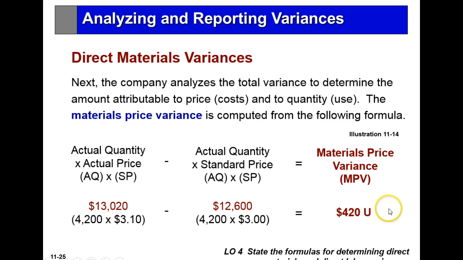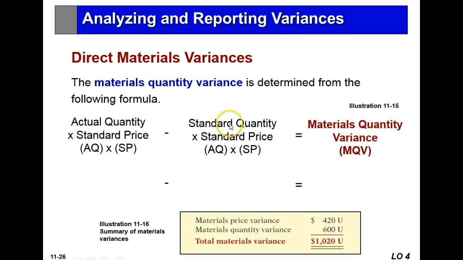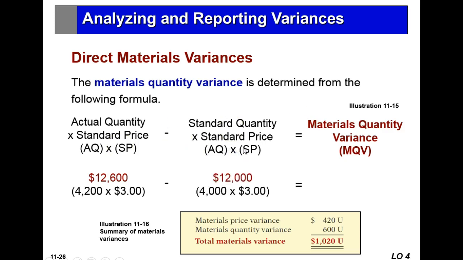See how we break down how much is the price and how much is the quantity. Then when we deal with the quantity variance, we're going to do actual quantity times the standard price minus the standard quantity times the standard price to see the quantity difference. So we've got price difference and quantity difference that make up the total variance.